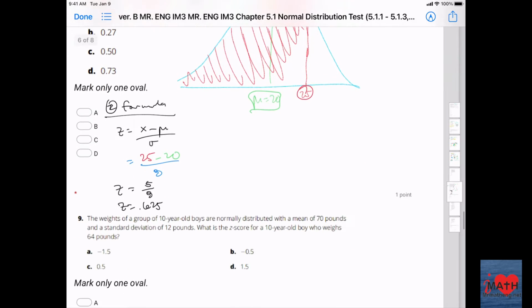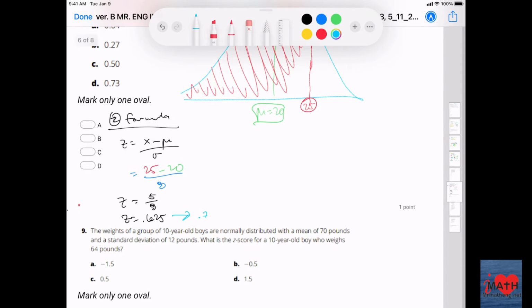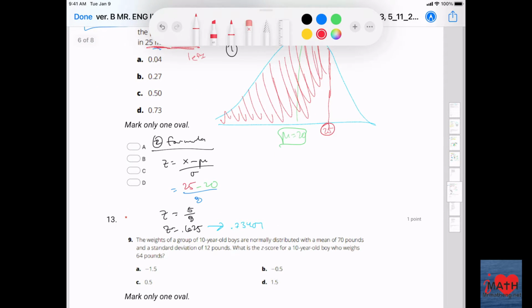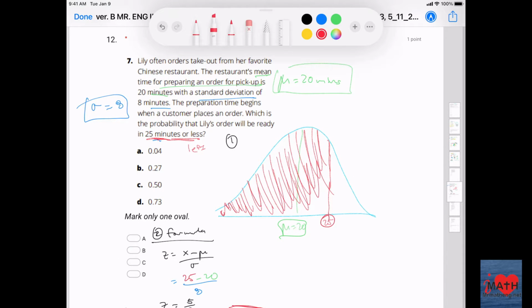So z to a percent gives me 0.73401. Basically the z-score helps us find an area under the curve, which here in red is that whole red region, 73%. Which choice is that? That would be D.